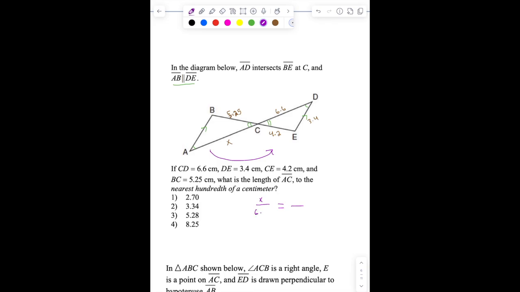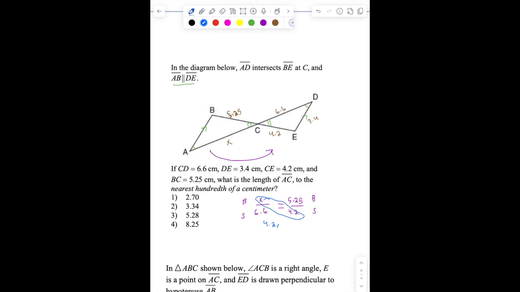My bad. Okay. So since I did the side from the bigger triangle over its corresponding side from the smaller triangle, I'm going to do the same on the other side. And I'll take the 5.25, and that should match up to the 4.2. And now we can cross multiply and we can solve.